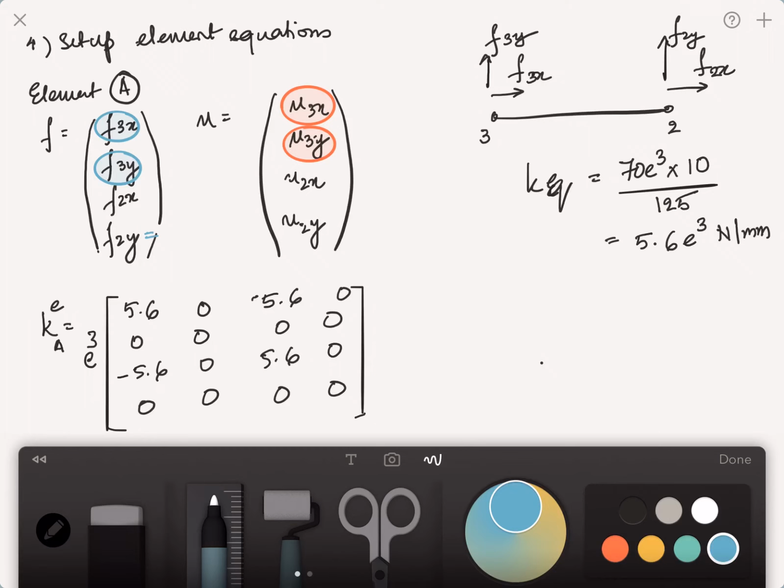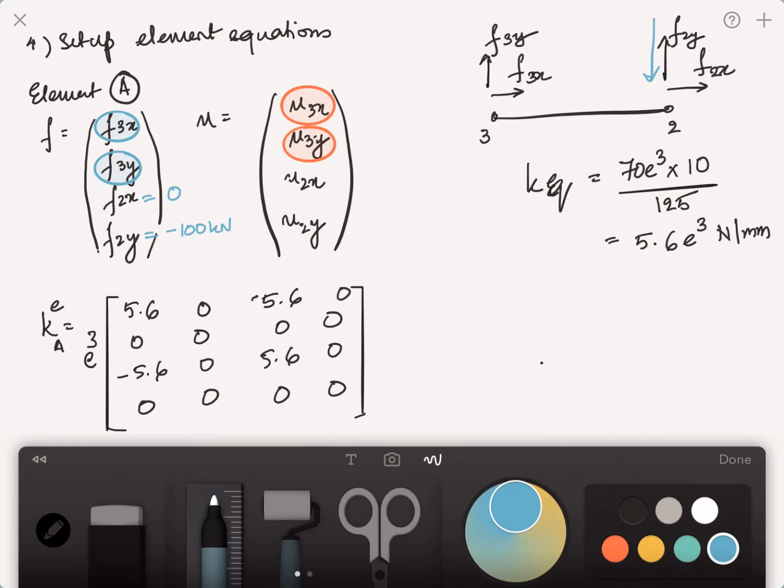So F2y will be equal to minus 100 kilonewton, which is because it's acting in the downward direction right here. So we can also substitute the value here. So the unknown here is now F2x, which we cannot define yet because we don't know the value. Of course, there's no load applied here, so we can call it 0. There's nothing. U2x, U2y are the unknowns, which are going to be found out later.